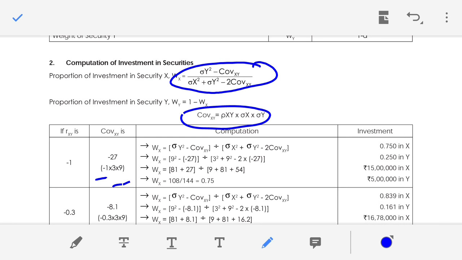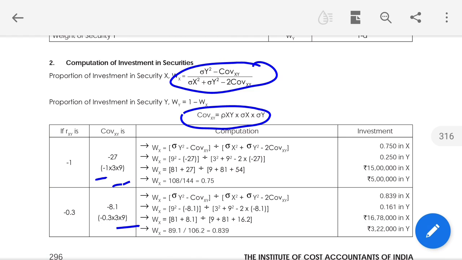So let us calculate the weight of X. Weight of X is equal to sigma X square minus covariance of XY divided by sigma X square plus sigma Y square minus 2 COV XY.